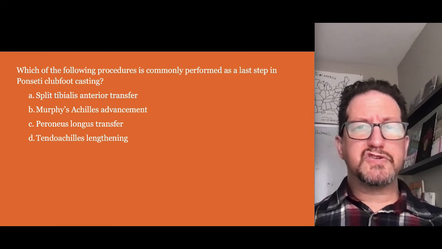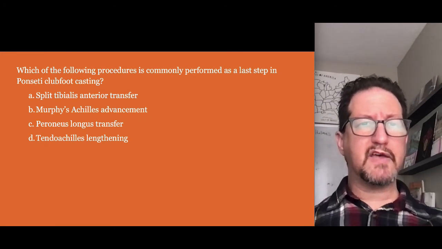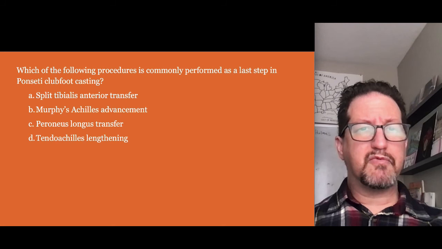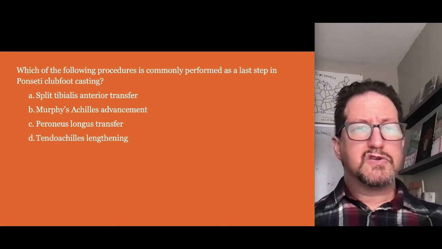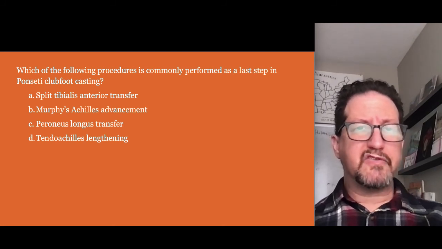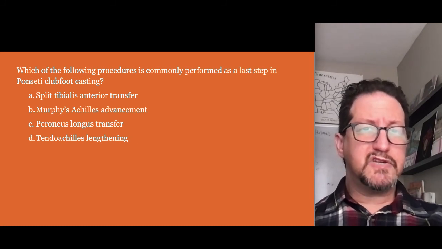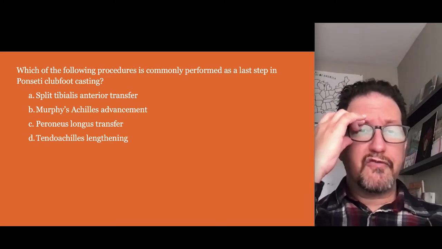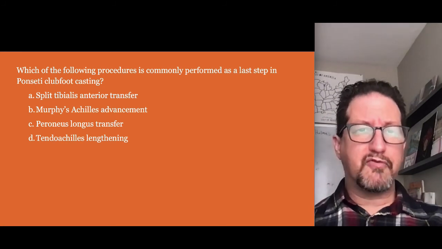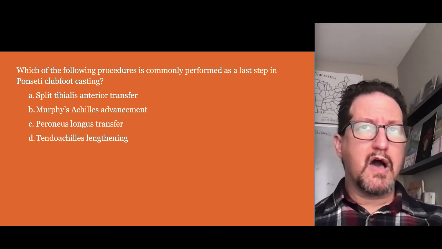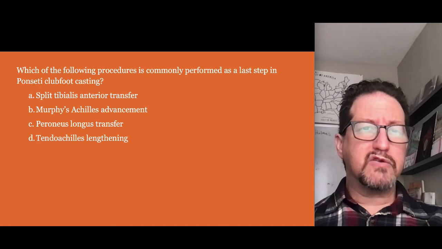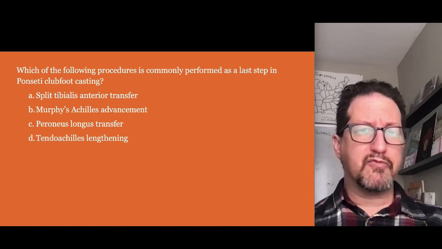Which of the following procedures is commonly performed as a last step in Ponseti clubfoot casting? So a split tibialis anterior transfer is not done as a last step. In fact, that procedure is sometimes done for relapsed clubfoot, typically at the greater than 4-year-old time frame.